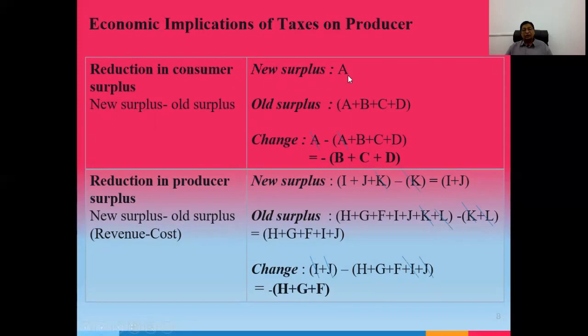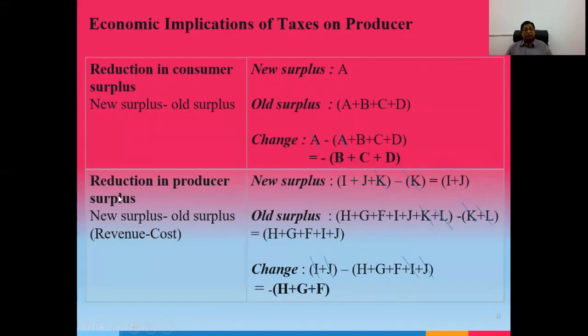The new surplus is given by A, and the old surplus is given by A, B, C, D. The difference between these two is minus B, minus C, minus D. This minus sign highlights the reduction in consumer surplus.